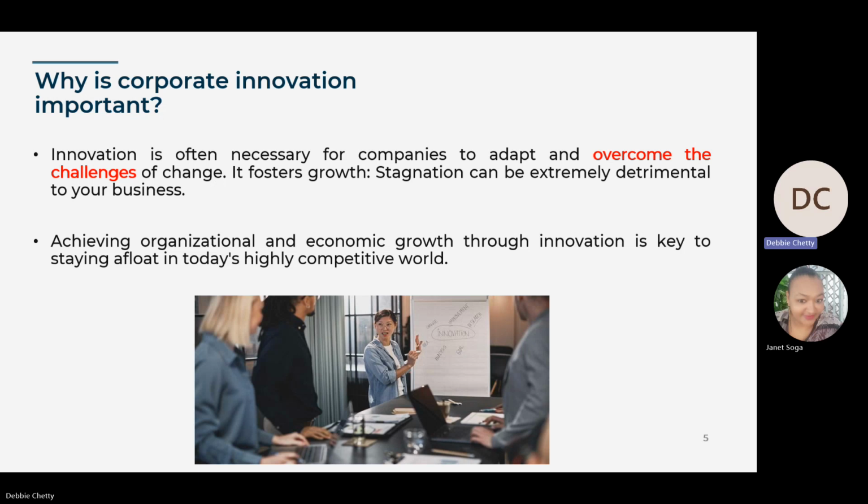Another importance is also evolving workplace dynamics. So the demographics in the workplace are consistently changing, right? Innovation is therefore critical to ensure that the smooth running of the company is done. So customers' changing tastes and preferences all lead to the current customer having a great variety of products and services available to him.